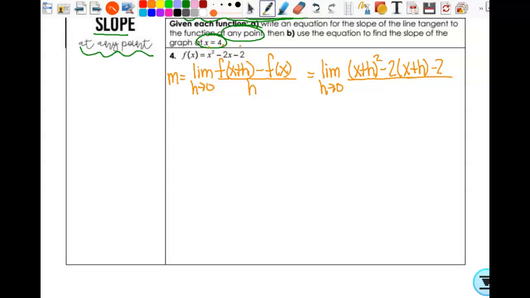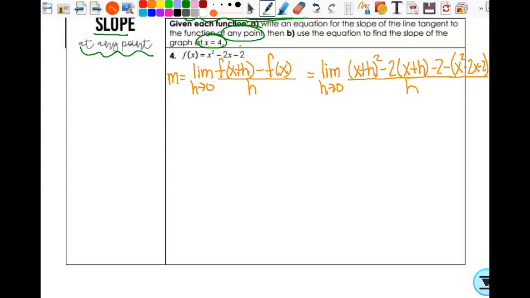Then I have to do minus f of x, so minus x squared minus 2x minus 2, all over h. I wrote way too big, sorry. Any questions about where anything came from? We good about where everything came from?